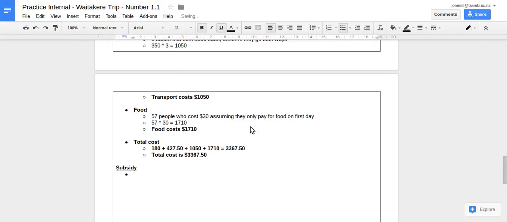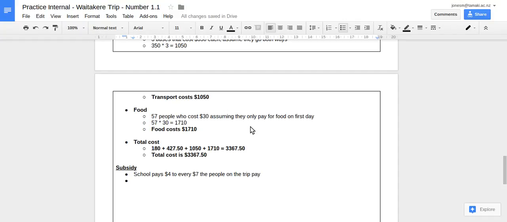So the school pays $4 to every $7 the people on the trip pay.